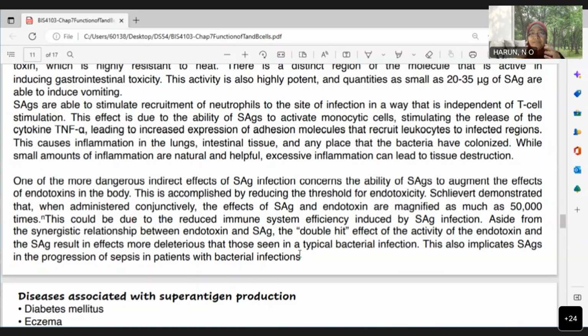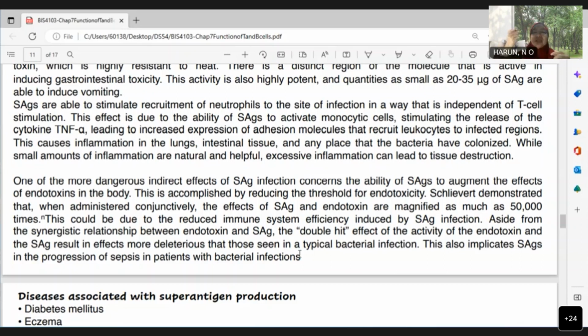But due to the mutation, the new subclasses or variants that have been identified nowadays, it is very difficult for doctors and medical personnel to recognize the symptoms.